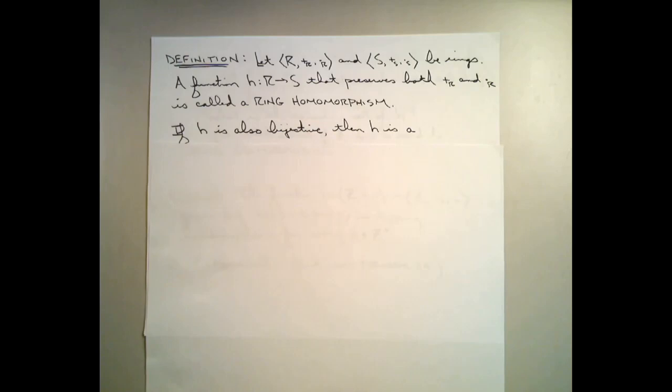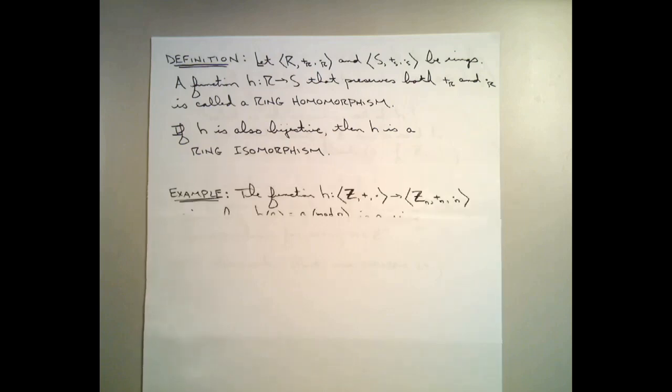You might have guessed that if h is also bijective, then we're going to call h not just a homomorphism, but if it preserves both operations and h is bijective, we're not going to be able to distinguish algebraically any difference in the structure of those rings, and we're going to call that a ring isomorphism, right? So these are all terms you're familiar with in the group setting, and they carry over into rings as well.